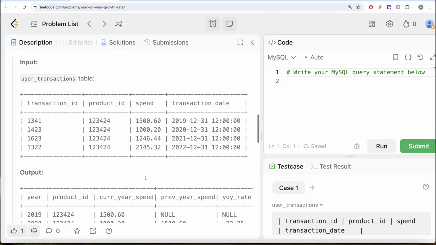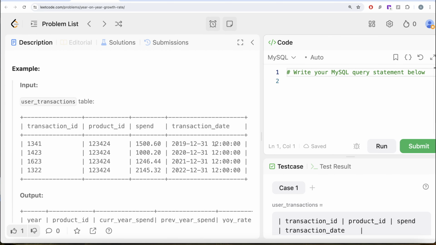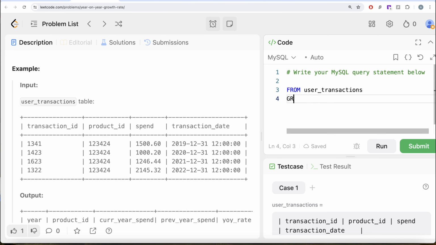So to solve this question, the first thing that we should do is we can go ahead, extract the year out of this, group by that as well as the product ID to get for every year and product ID what is the current year spend. So from this table called user transactions, let us group by the year of transaction date column as well as the product ID.